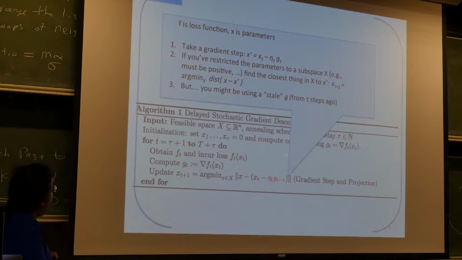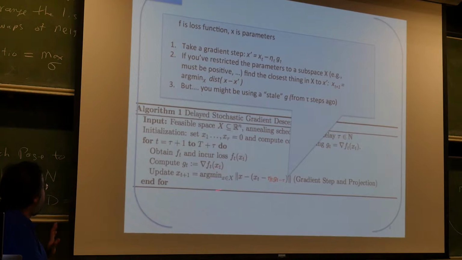The update has two parts. The first one is I take an ordinary gradient step, except not quite an ordinary gradient step. Instead of using the current gradient, I'm using the gradient from t time units ago. So I'm using an old, stale gradient, and I'm going in that direction anyway. Then you take that and project it into the set of valid classifiers X that you're allowed.